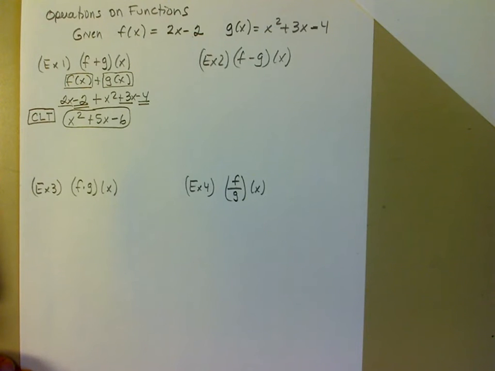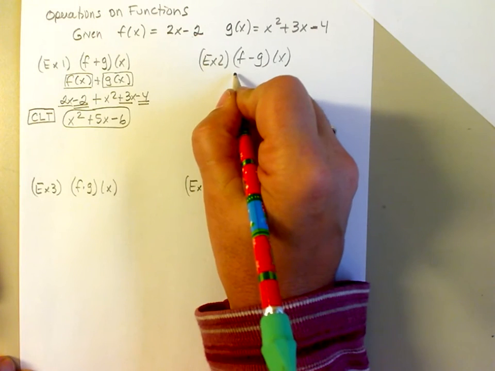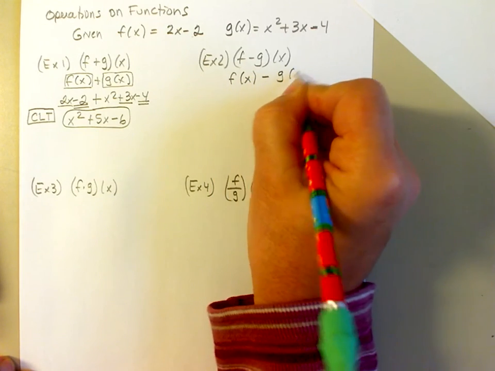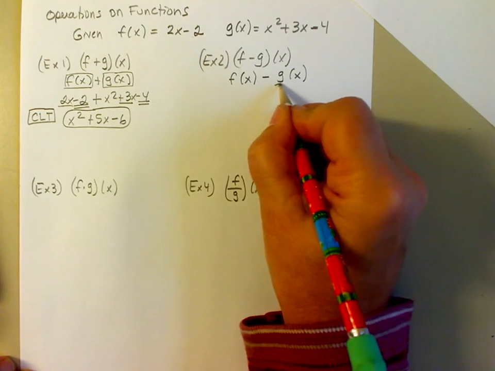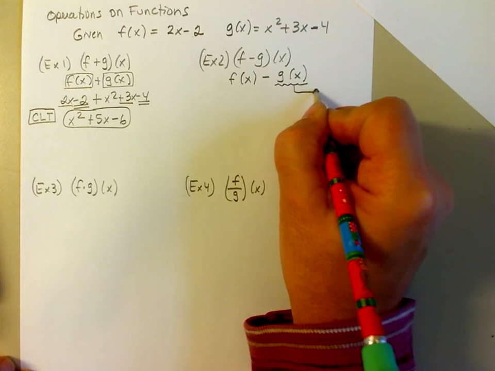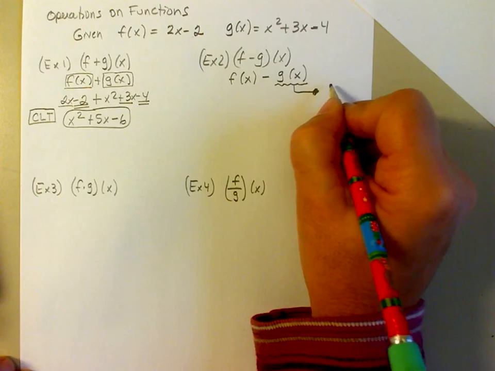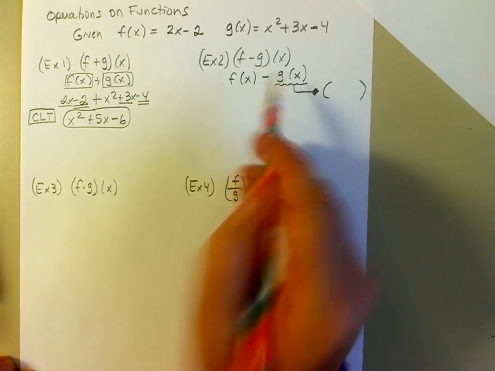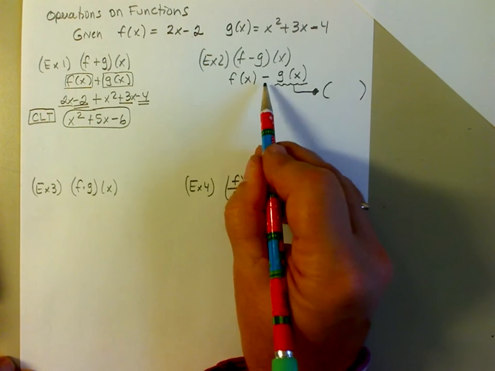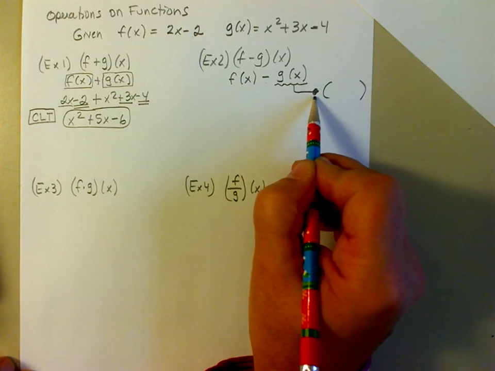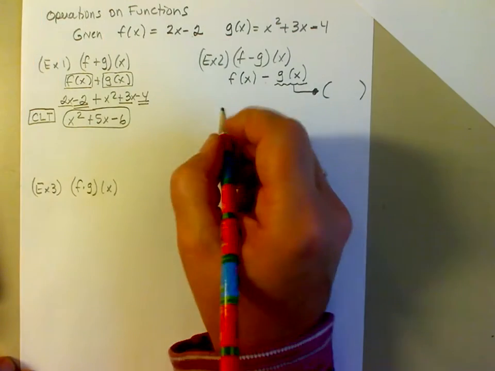In the second example, we're going to subtract the two functions. We'll use similar reasoning. We'll take f of x minus g of x. Here, there's a little trick or an exception. What we'd like to do is put parentheses around the function g of x, or whatever is being subtracted. The reason for that, it will allow us to take the subtraction in front of the parentheses and distribute it through.